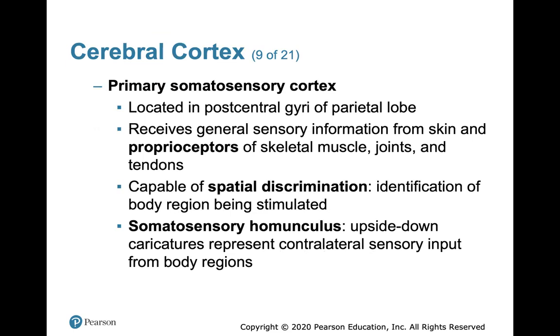This helps receive information from your skin and your proprioceptors of your skeletal muscle, joints, and tendons. It's capable of spatial discrimination, or the identification of a body region being stimulated. And again, the somatosensory homunculus is the upside down caricature drawing that represents contralateral sensory input from body regions.